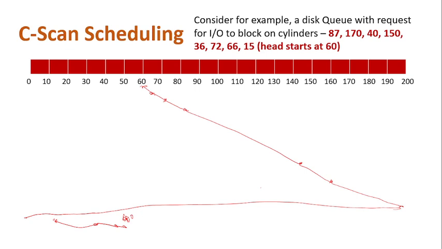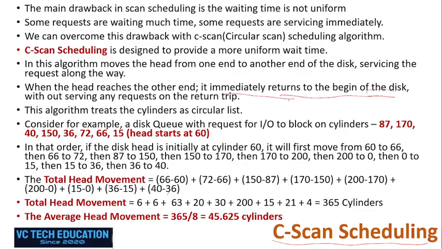This is the diagram we get with the C-scan. Here, after going from 170 to 200, there is no wait time. It goes directly back to the 0th position, and from there it goes to the selected requests.